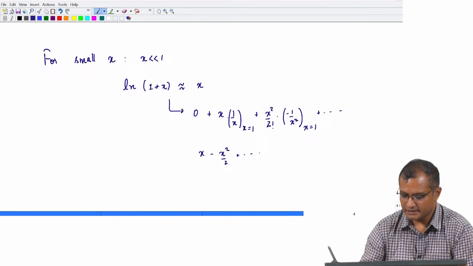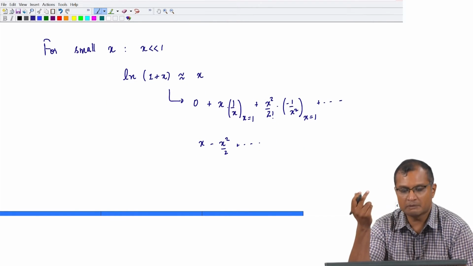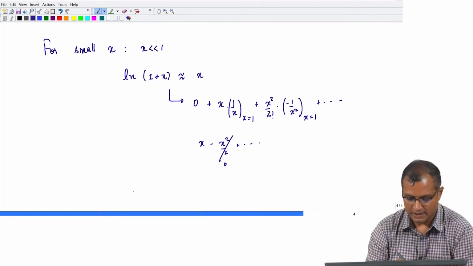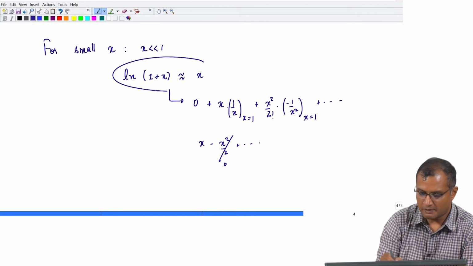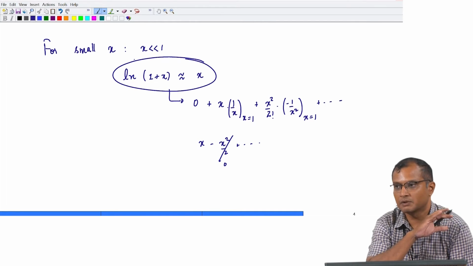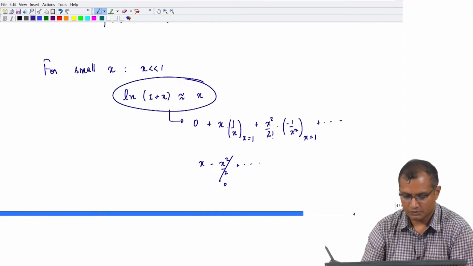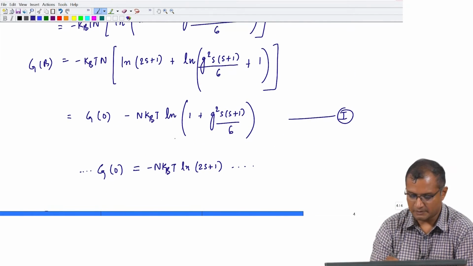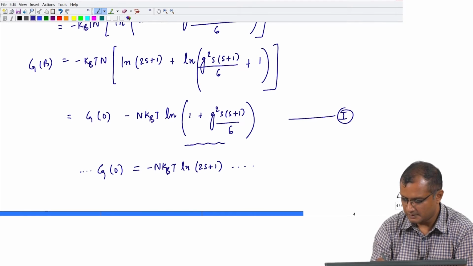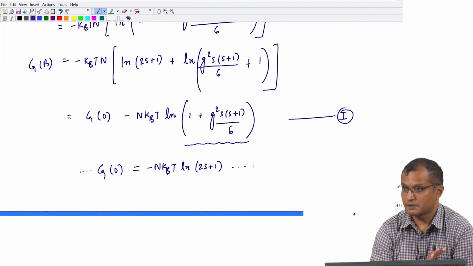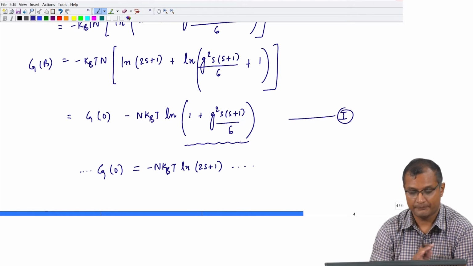Now, I have taken the limit x much less than 1. So, I am going to drop this to 0 and simply say that ln 1 plus x is very close to x, not a bad approximation. So, this term here can be just written as g square into S into S plus 1 by 6. Okay.